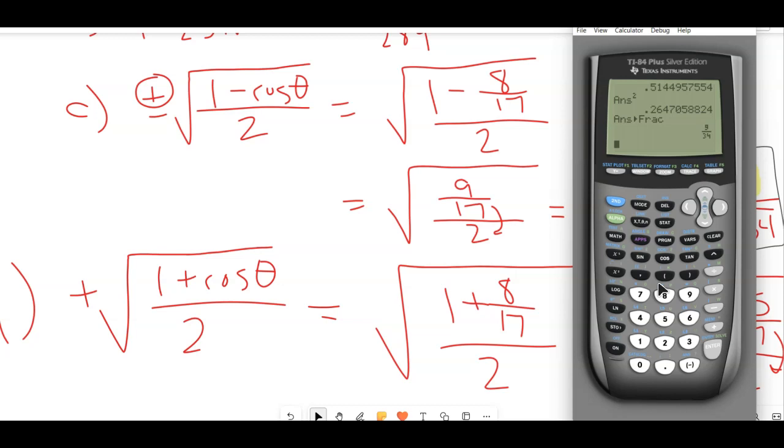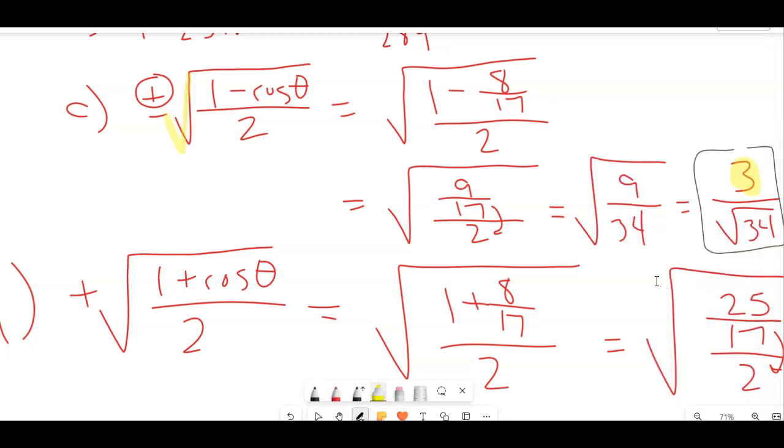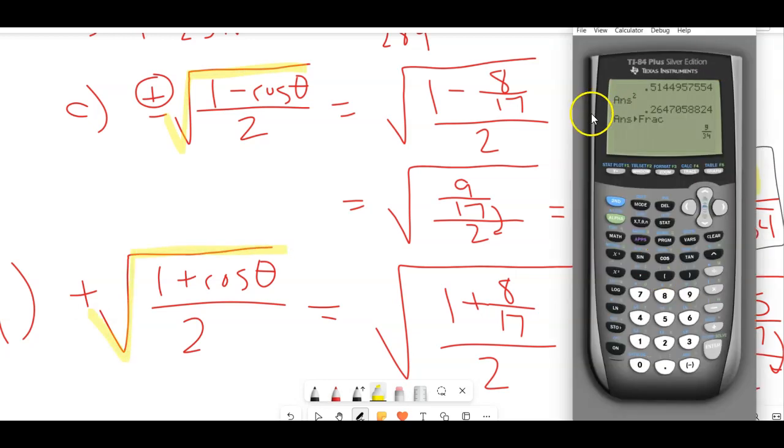You just have to be able to manipulate it. And so you have to know when you do the half angle formulas, because they have the square root in them, you would need to square the values you get when you plug in those half angle formulas to get a version of the fraction that is squared. So this is the squared fraction, so I would need to take the square root of the top and bottom and simplify.